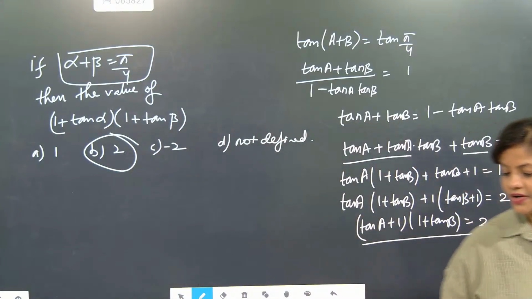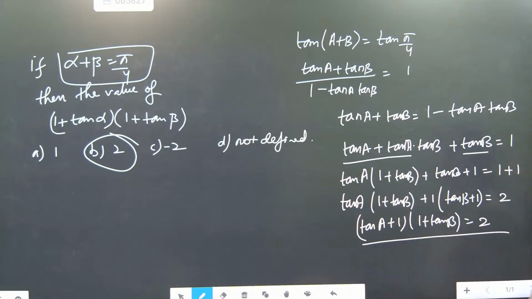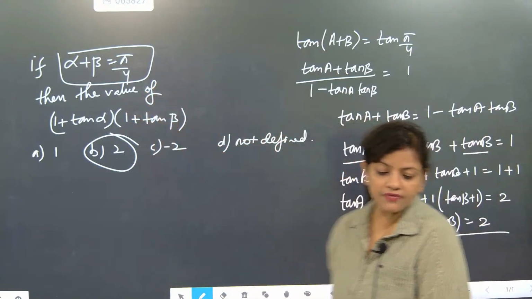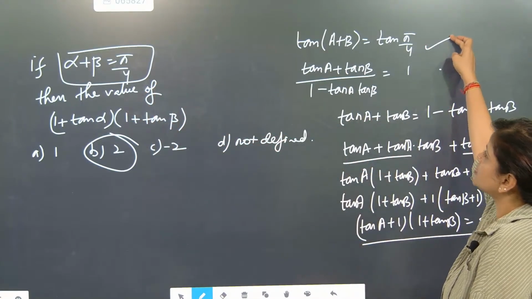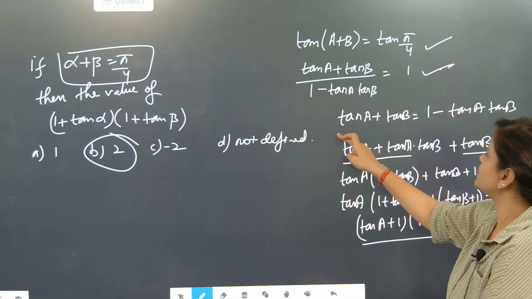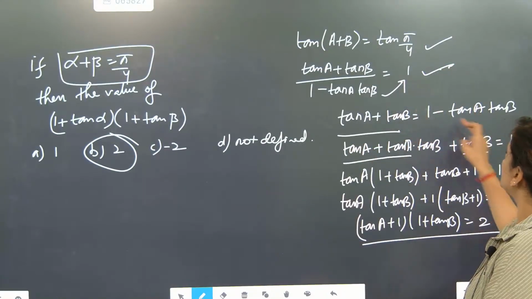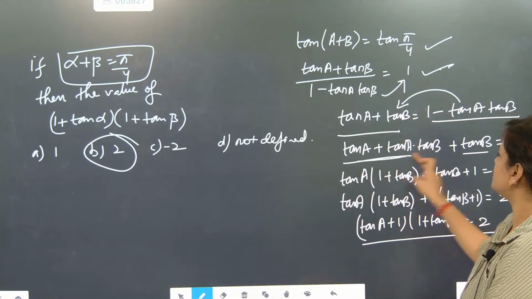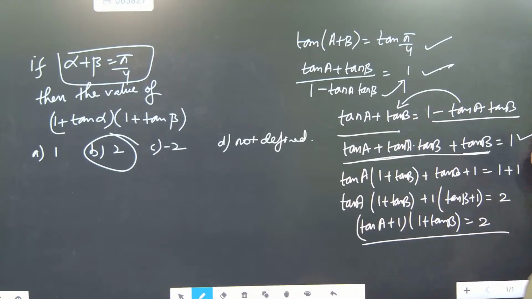I hope you people have understood how to solve this question, beta. I did nothing, I just applied tan on both sides. After application of tan on both sides, tan 45 value is coming as 1. I shifted this part to this side, and after shifting I shifted this part to this side. Now all the three are together and one is written separately.